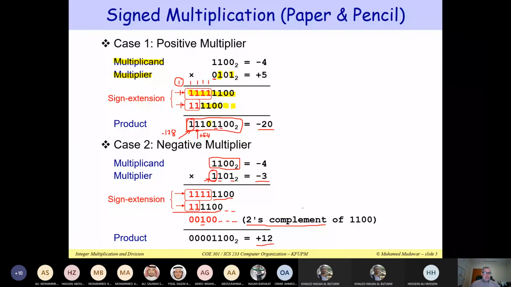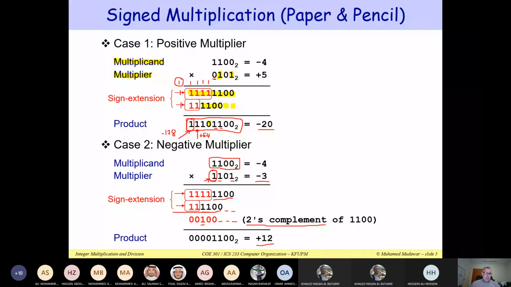By taking the 2's complement of the multiplicand, we are just doing a subtraction in the last step. Now, all we have to do is add the 2's complement of the multiplicand. So by adding zeros, you get 0 here.